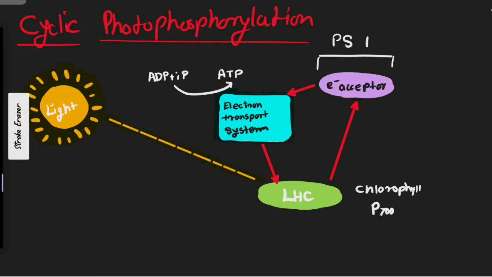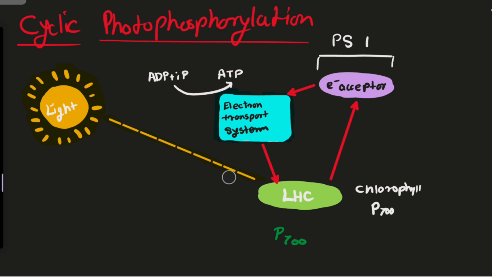The cyclic photophosphorylation. This one is a simple one. The incident ray or radiant energy falls directly on PS1, that is the P700 photosystem.